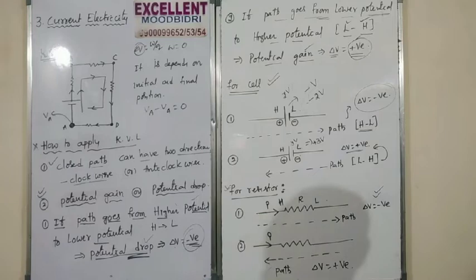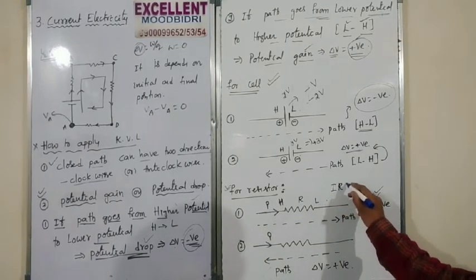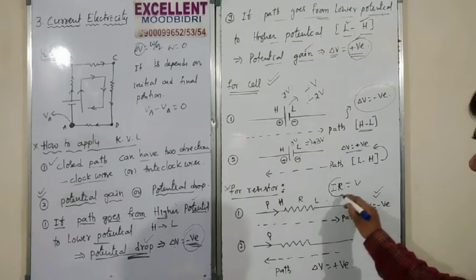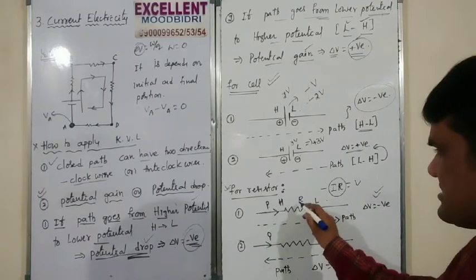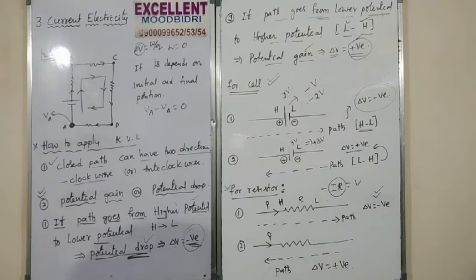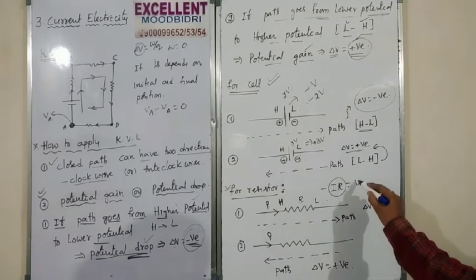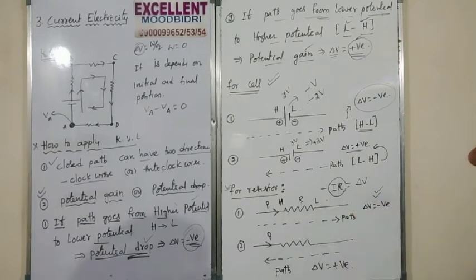Are you clear? Delta V means I into R. I into R is equal to V, right? That means this value becomes negative. So this is the I, this is the R, and the IR value is negative. So delta V is negative, here I into R is negative.